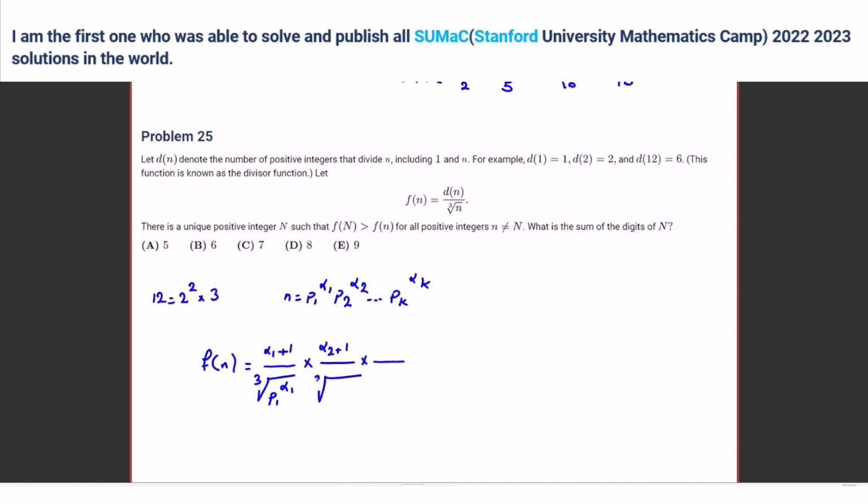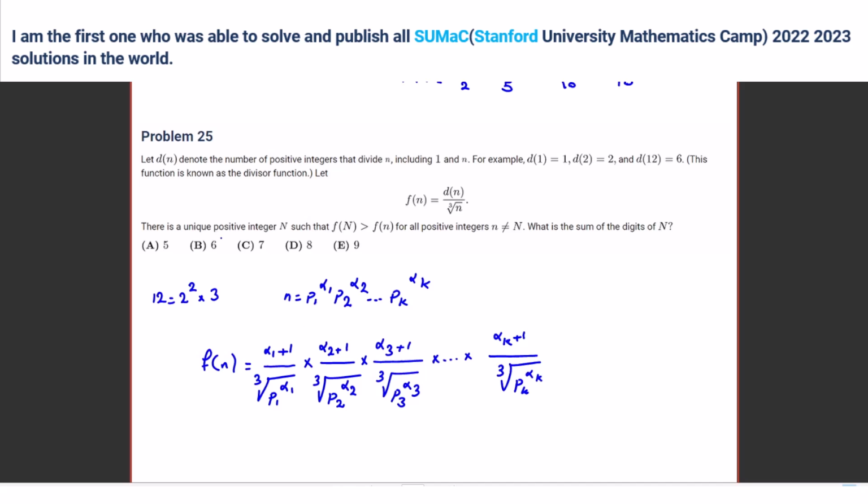Next one, alpha 2 plus 1 over the cube root of p2^alpha2. Alpha 3 plus 1 over the cube root of p3^alpha3. All the way to alpha k plus 1 over the cube root of pk^alphak, right?